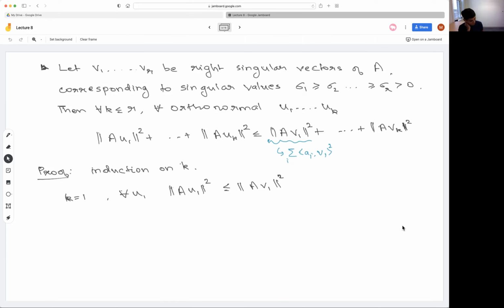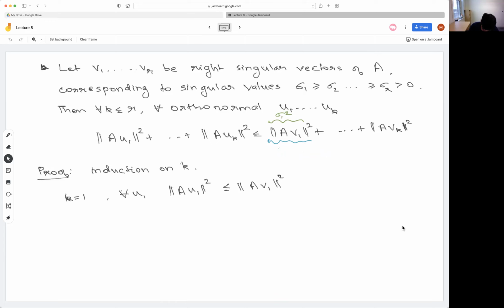Sigma 1 squared. Right. So it's actually just sigma 1 square, because the singular value decomposition gave us a way of, I mean, again, there are many ways you can compute this. But one way is that we know what the action of A is.